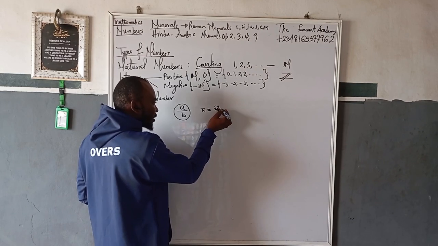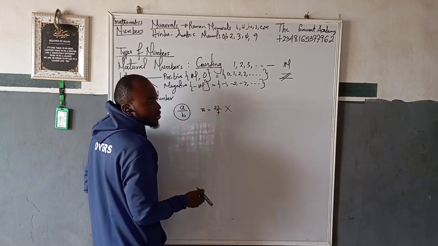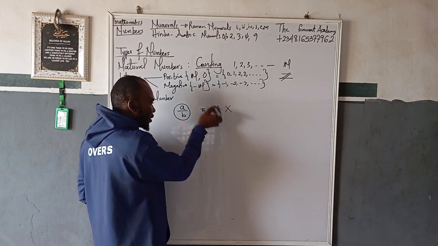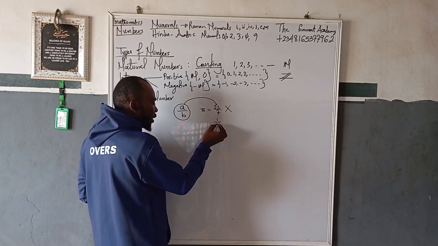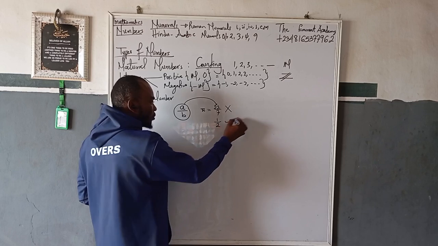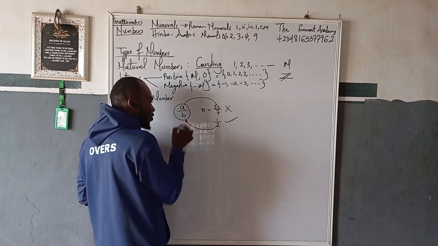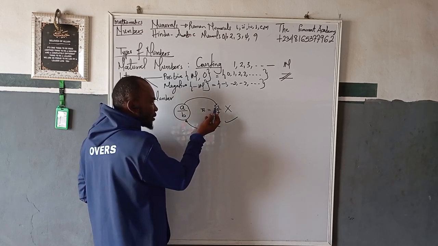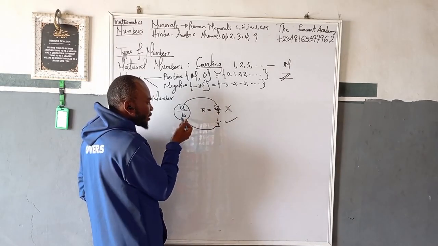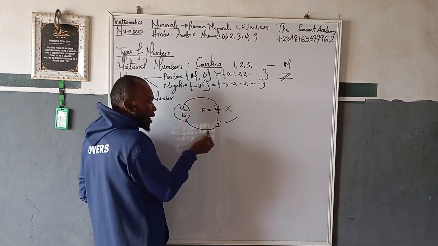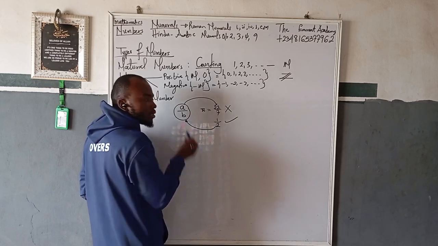But pi is not a rational number, and it has been expressed in the form of A over B. Again, if I have 1 over 2, it is a rational number and it is also expressed in A over B. So what makes this one not rational, and what makes this particular one rational?